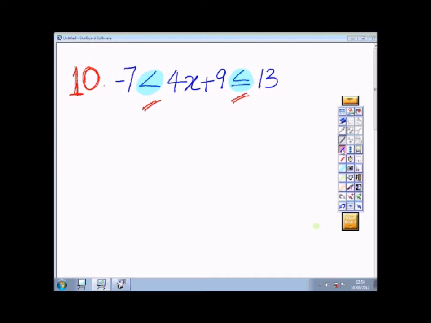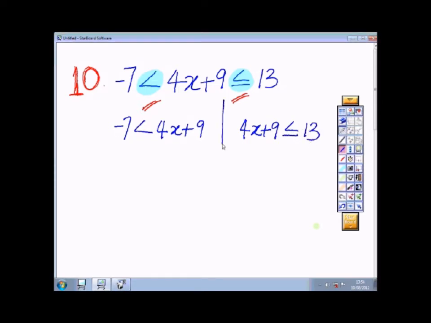So here we go. The two inequalities involved are minus 7 is less than 4x plus 9, and 4x plus 9 is less than or equal to 13. These are the inequalities that we are going to solve independently.